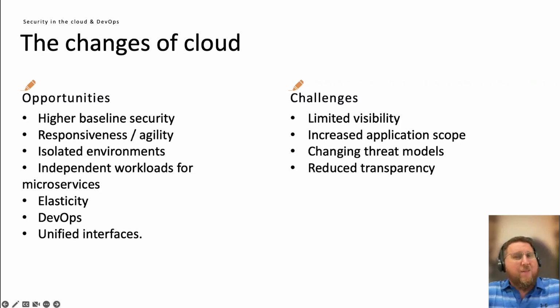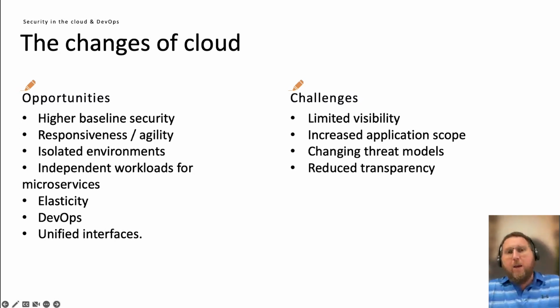You would see elasticity. In a lot of the platforms, DevOps is integrated. We'll talk about that on the next slide. And a lot of the interfaces are unified. So your CI/CD pipelines, continuous integration, continuous deployment pipelines, are all integrated with all your infrastructure templates, your code templates, everything is managed from one interface.